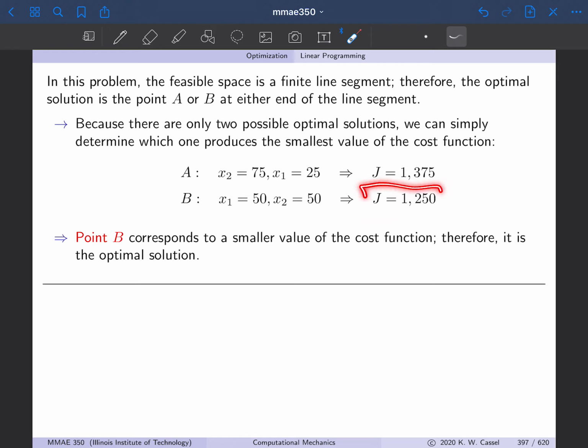So which one's smaller? Clearly this one is smaller. So point B corresponds to minimization of the cost function such that all of the constraints are satisfied, and therefore that's the optimal solution. So the optimal solution is put half of the cars on the first train, half of the cars on the second train, and you're done.